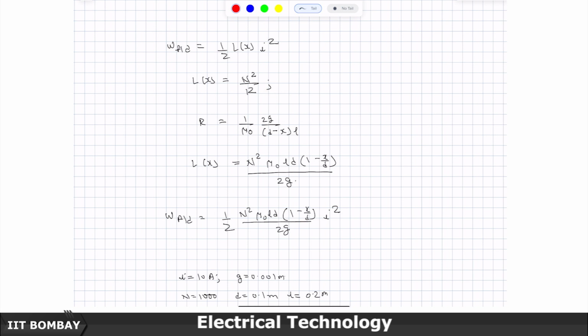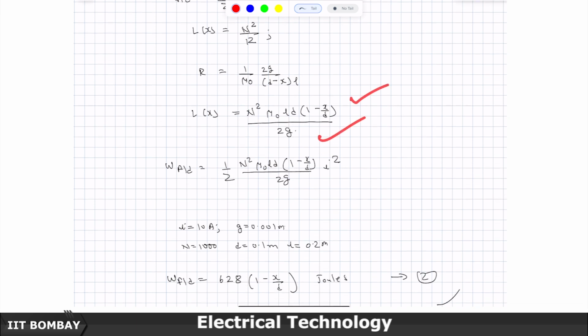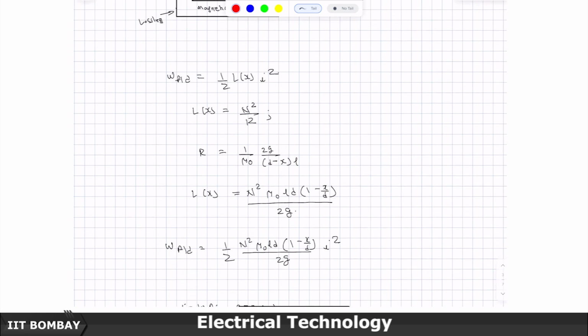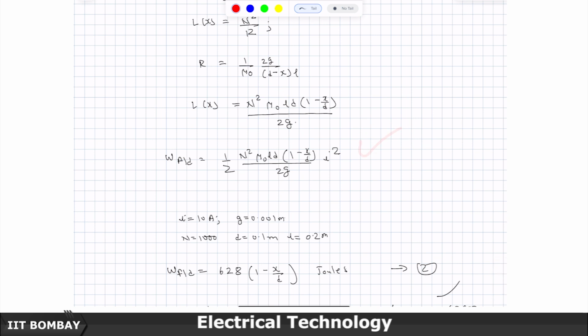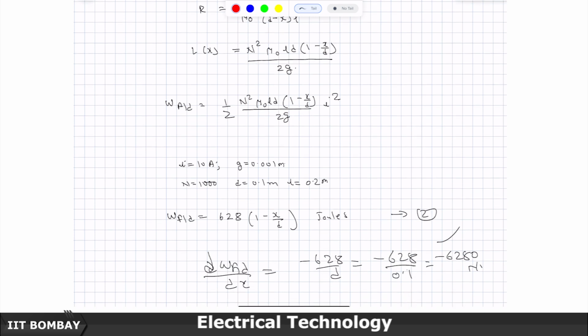I get this, taking d out as a common factor. So, d minus x can be written as d into 1 minus x by d. Because it is a reciprocal thing, this goes up, this goes down, and I substitute it here, and I get the magnetic field energy as a function of I.